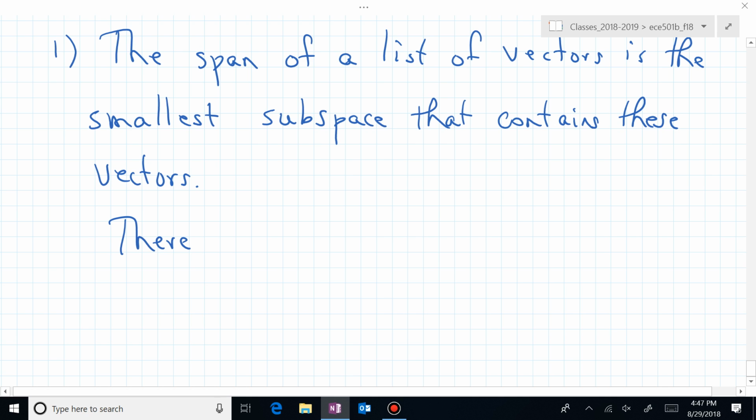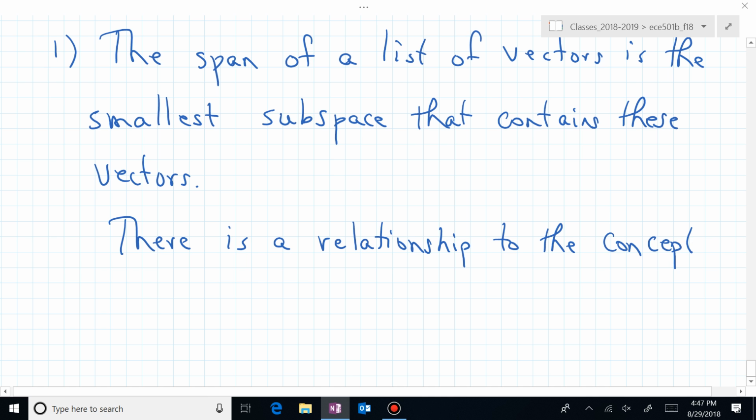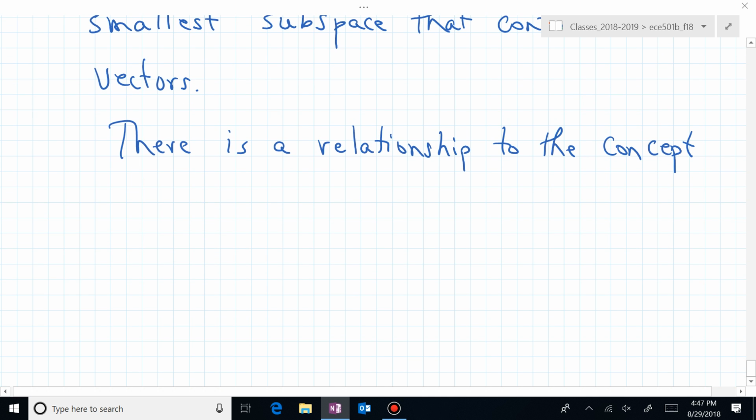And there is a relationship now to this subspace sum notion. There is a relationship to the concept of subspace sums.